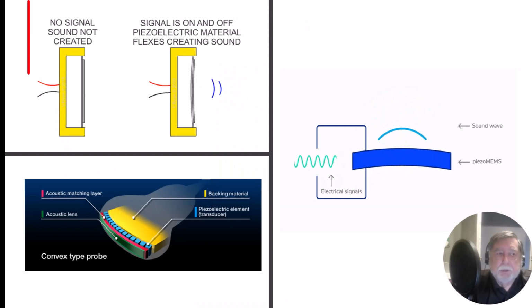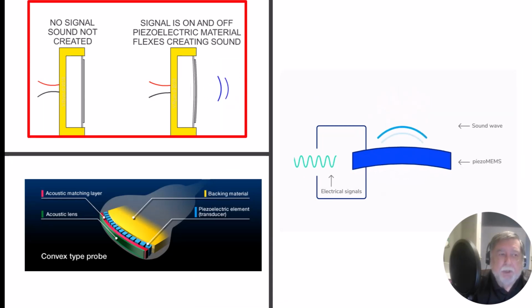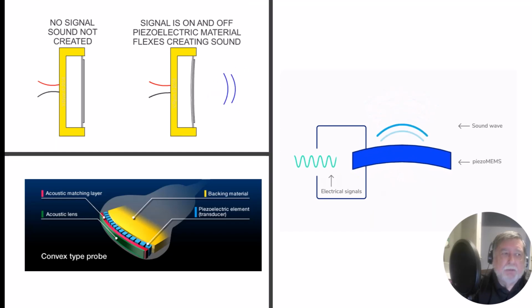The transducer is made up of crystals, and these crystals are electrical, mechanical types of energy devices. When they get compressed and then the compression is released, a sound is released. If they have no signal, there's no sound created. If you're pulsing it, the signal is turned on and off.